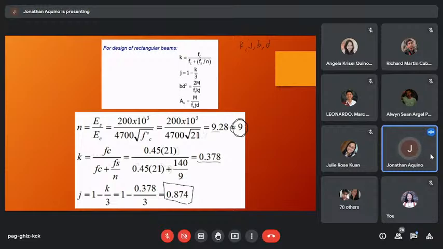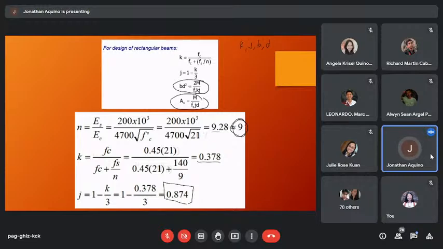So we have already K, we have J, we have b, we have d. So we can solve for the moment capacity of the concrete section considering a singly reinforced rectangular beam. So ito yung formula na pwede natin gamitin. Ito, hindi na siya natin pwedeng gamitin kasi wala pa tayong value nung As.